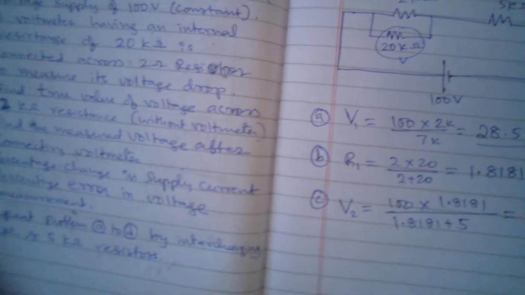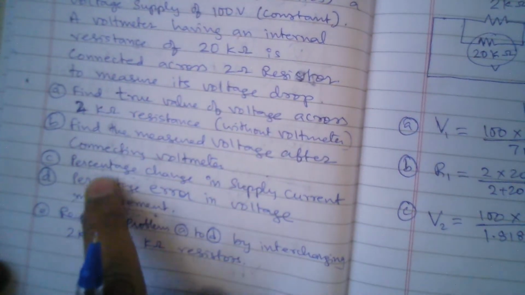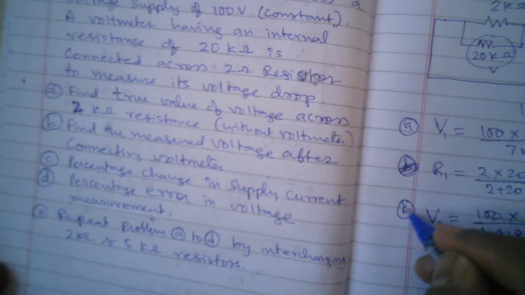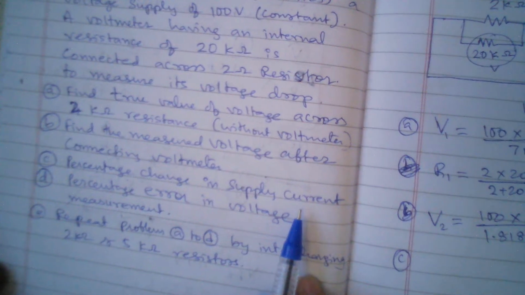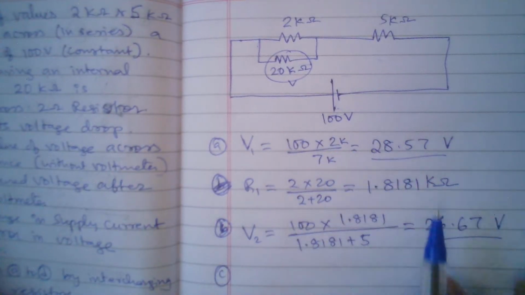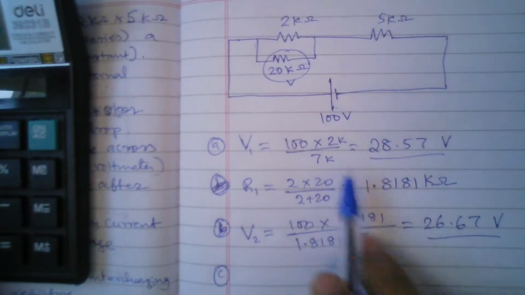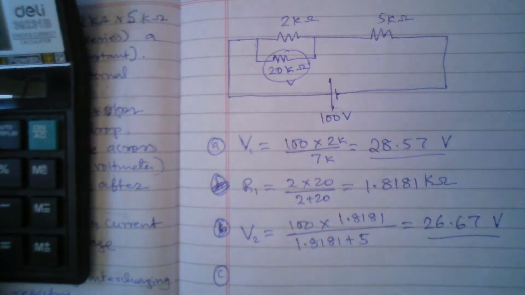We'll calculate the error, but look at part C. I'm sorry, this is B. Now come to part C, percentage change in the supply current. What happened to the supply current? Because the resistance has reduced, the supply current will change.